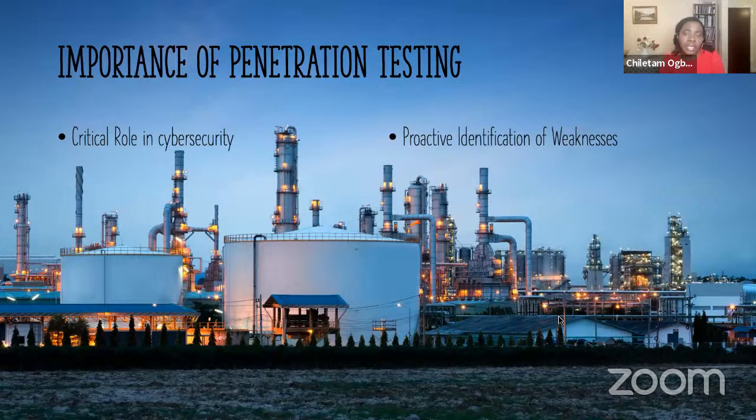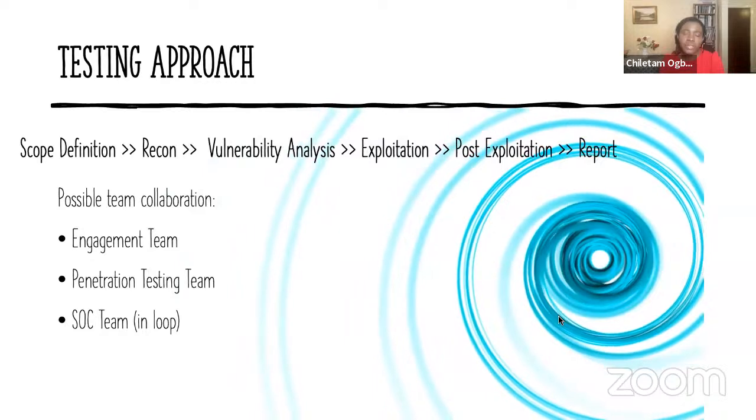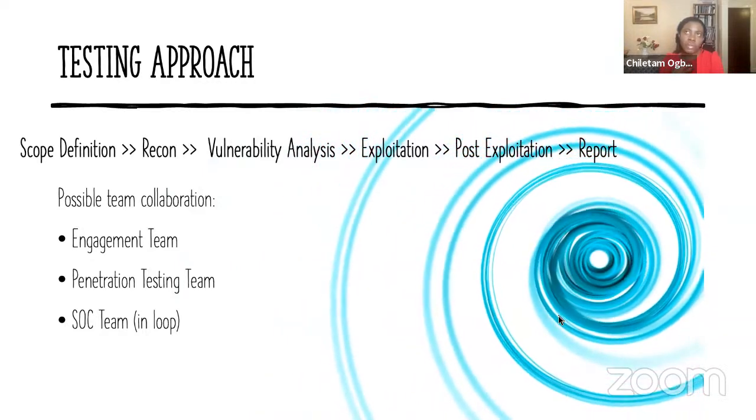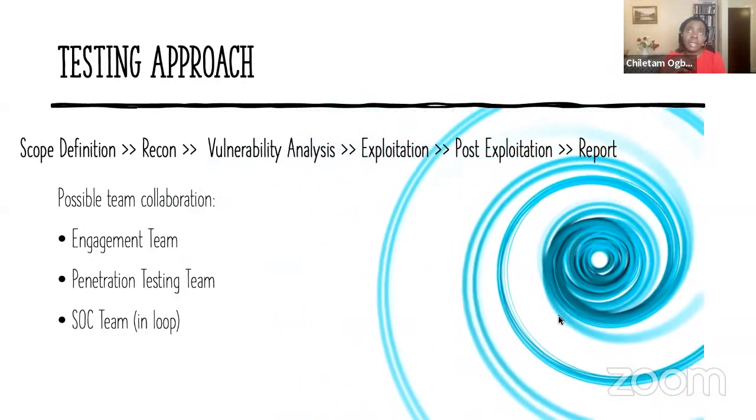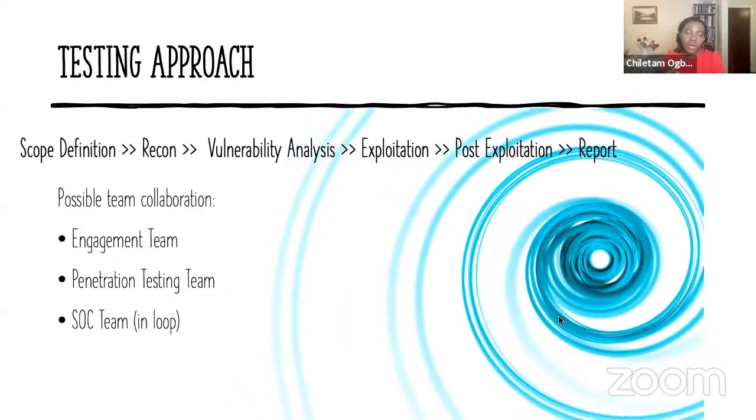Now, when I start my engagements, the first thing I do is look at something called the scope definition. I try to get a recon. What do I mean by recon? Reconnaissance is like going there and seeing what the company or that particular product is doing out there online.